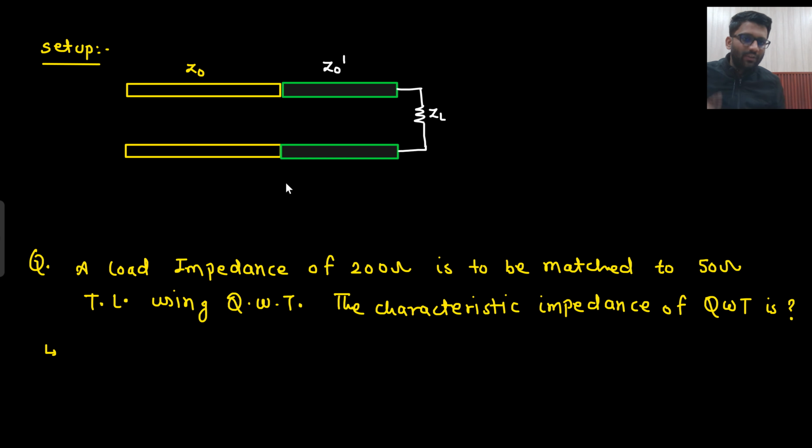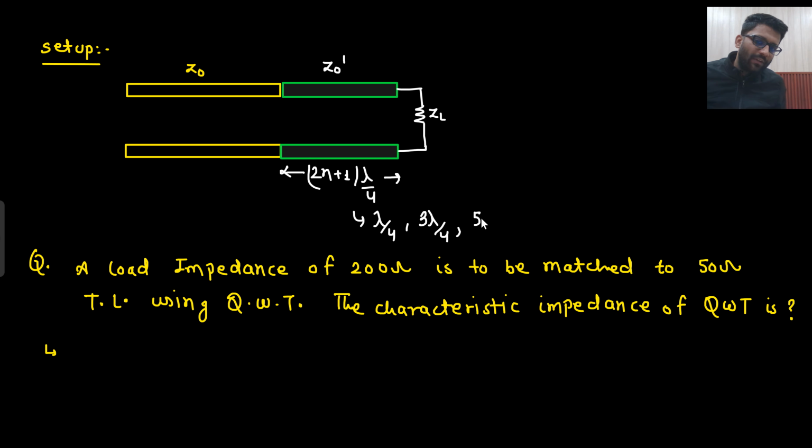I will keep the length of this transmission line as an odd multiple of lambda by 4. The minimum length will be lambda by 4, so the length could go as lambda by 4, 3 lambda by 4, 5 lambda by 4, and it can keep on going.